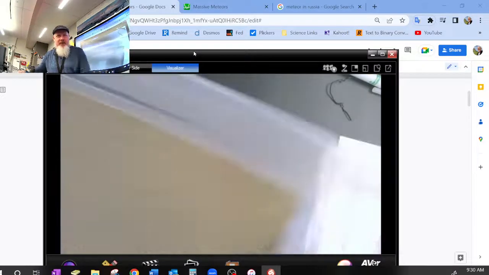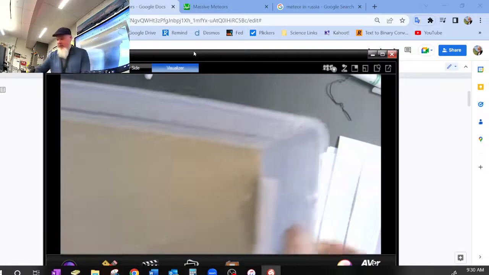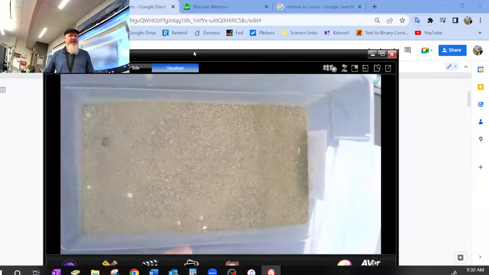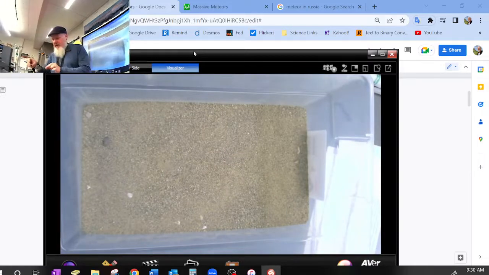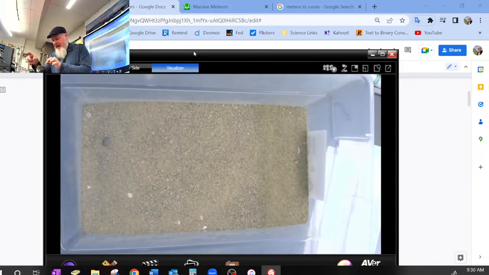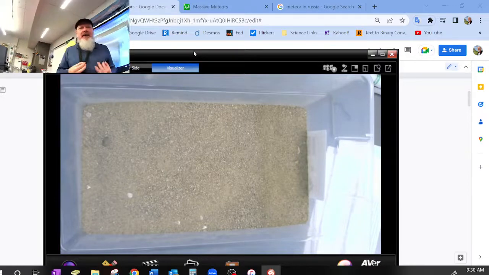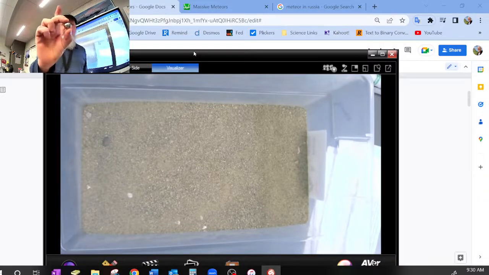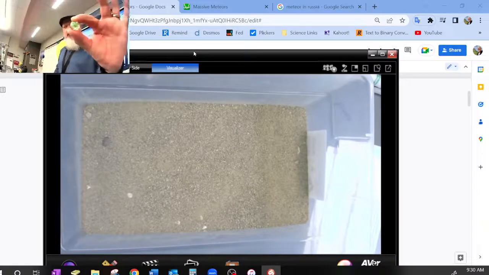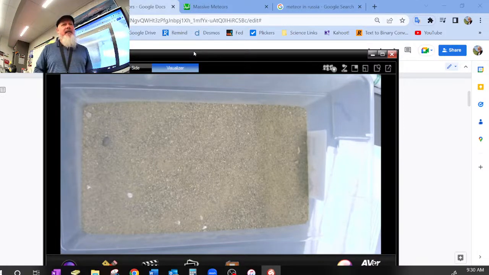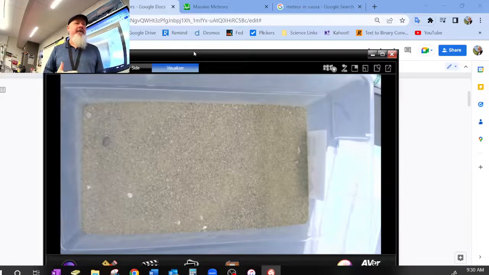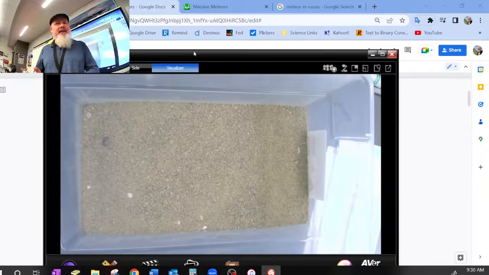Every time you do an impact, you have to use your Etch-a-Sketch skills and reset your sand. If I hold these two marbles at the same height and I drop them, what do you think is going to leave a bigger crater, the steel marble or the glass marble? Take into account that the steel marble has more mass. And remember, our formula that we're learning about right now is force equals mass times acceleration.